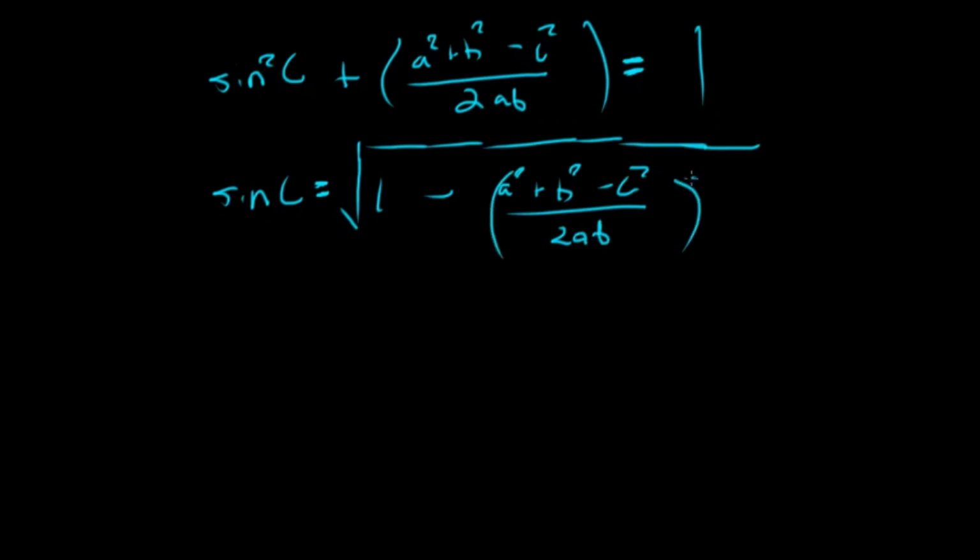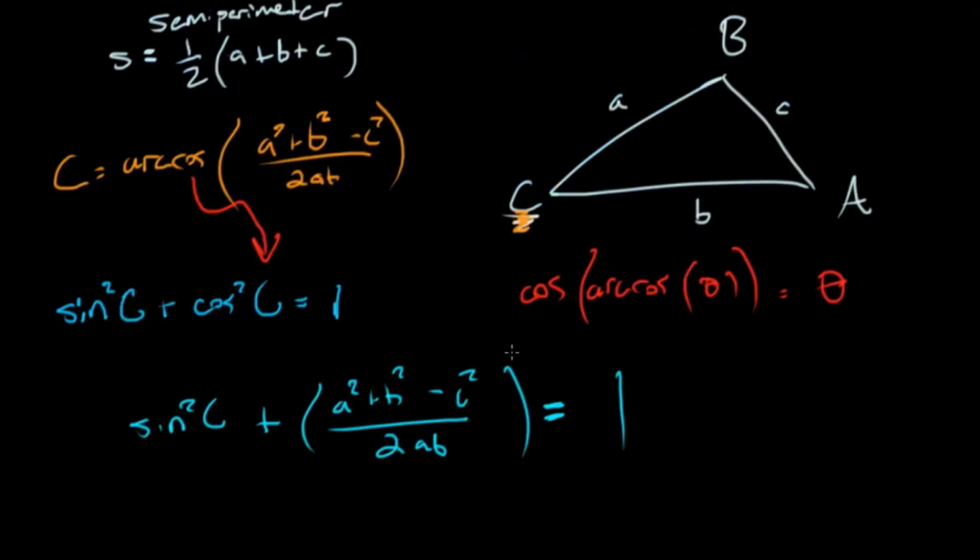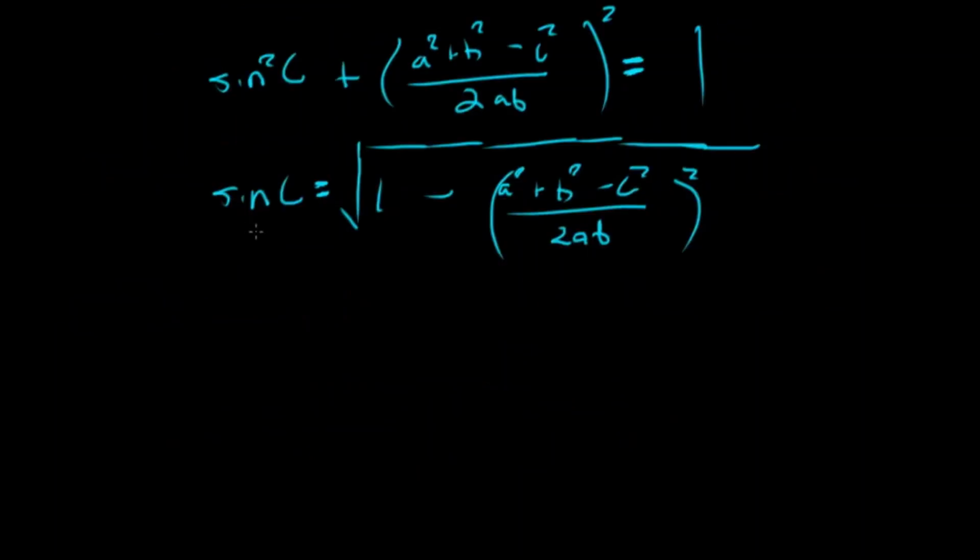Ooh, this is squared. I realized I didn't write that on the previous page. Let me jump back. This should be squared, because this thing's squared. Now we have sine C. And guess what? The area of a triangle is 1/2 a, which we're given, b sine C.